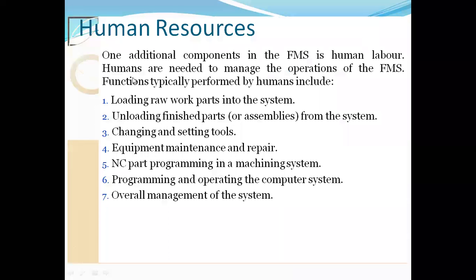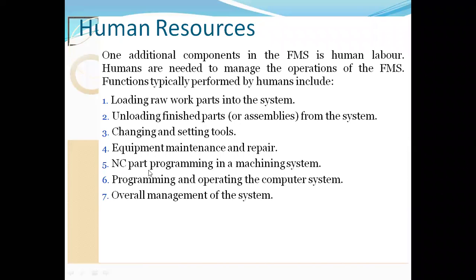Next one is human resources. This is also one component, right? So where will the human resources be used? Everywhere the human interface will be there, but it may be a direct involvement or an indirect involvement. For example, loading the raw material, the human interface will be there, and unloading as well, and equipment maintenance and repair, changing of the tools.